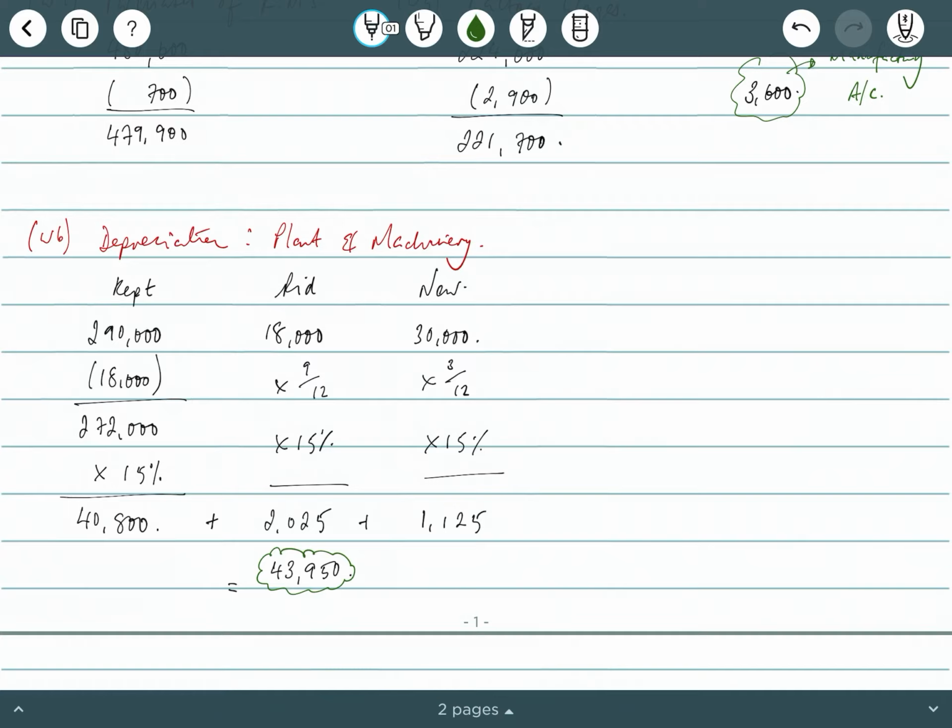Now the next thing we need to look at is, did we make a profit or loss on disposal? So we'll come over here, working 7, and look at whether we made a profit or loss on disposal.